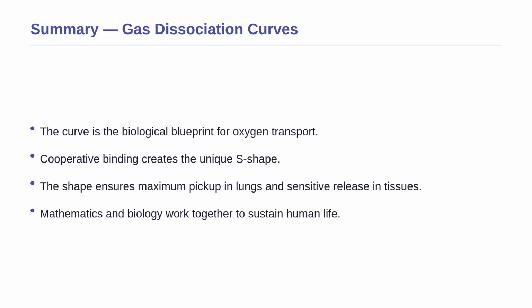By understanding the Hill equation and the relationship between partial pressure and saturation, we can see exactly how our life-sustaining systems adapt every single second. You have now mastered how mathematics and biology work together to keep our cells nourished and alive.